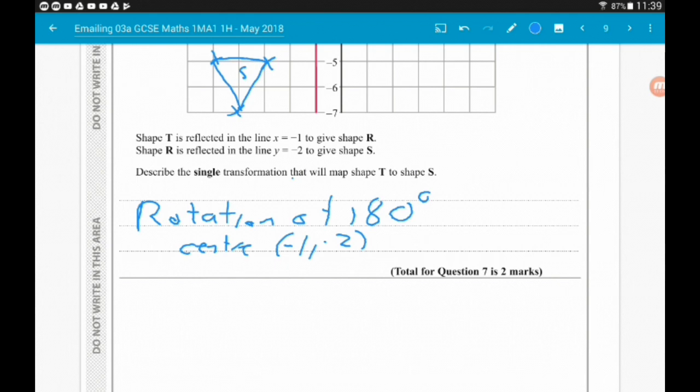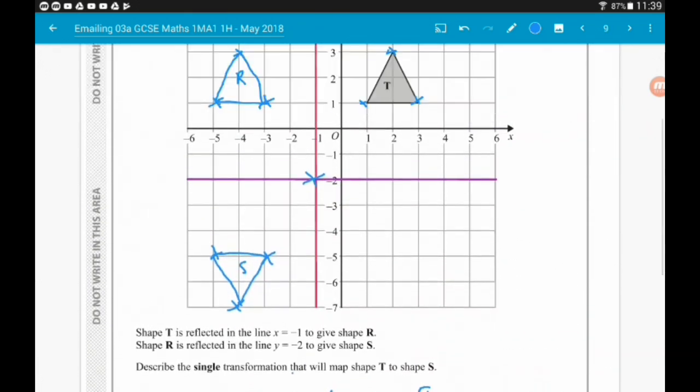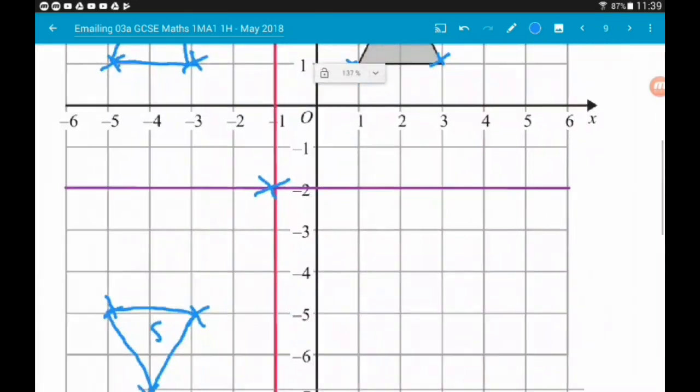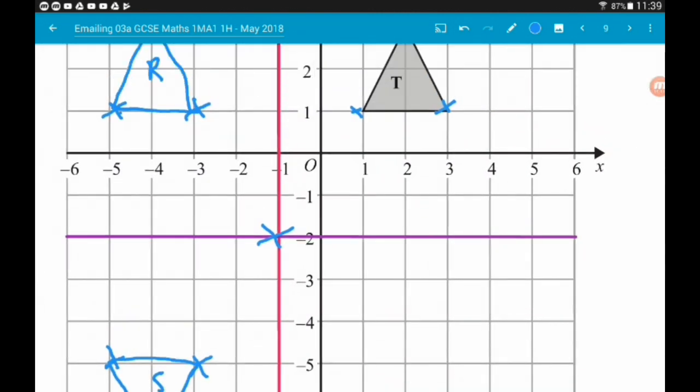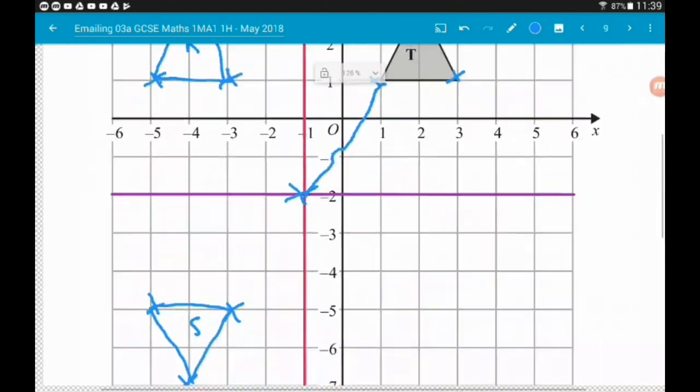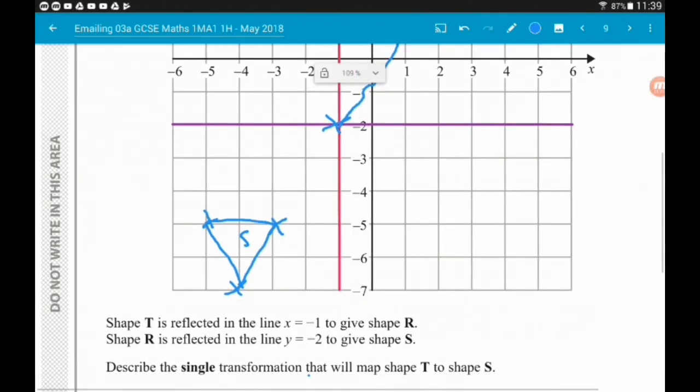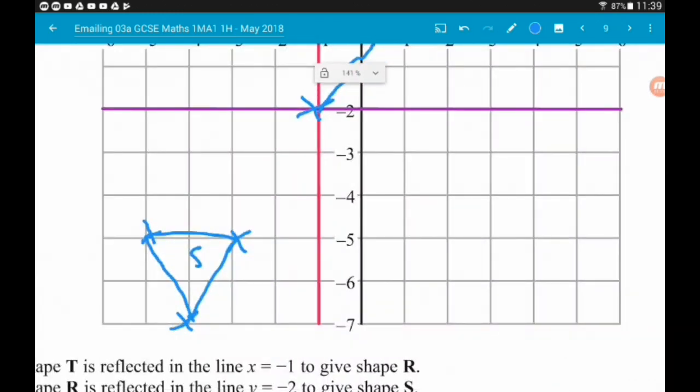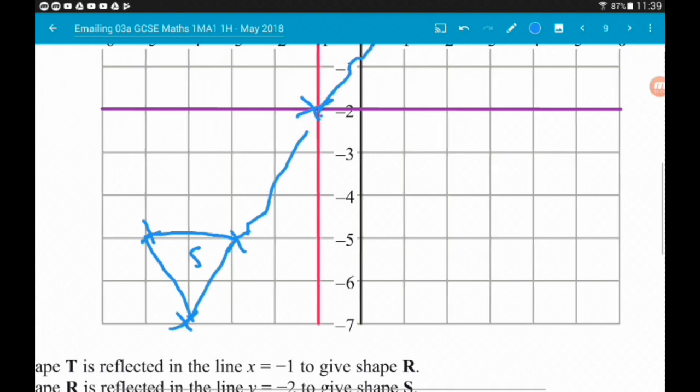You could also describe it as an enlargement. So every point here is the same distance to the right and above this point here where the lines meet, as the points down here are to the left and below it.